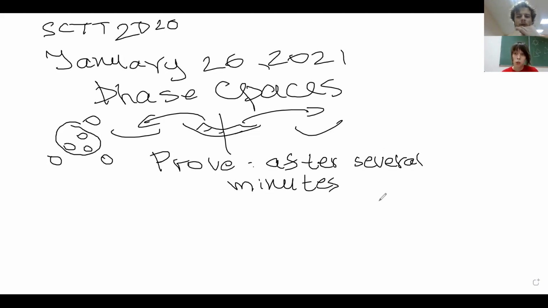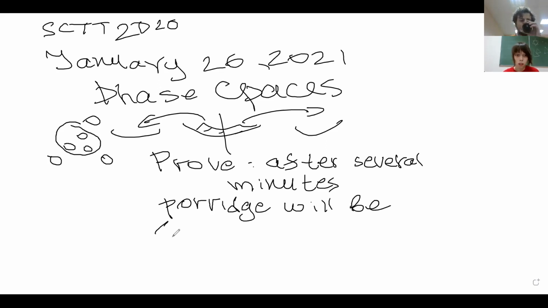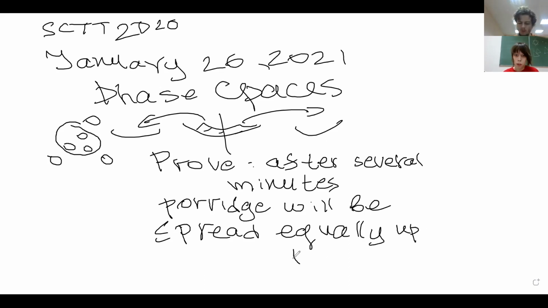And when I say almost equally, I mean that it will be spread equally up to 1%. So all the porridge will be spread equally up to 1%.